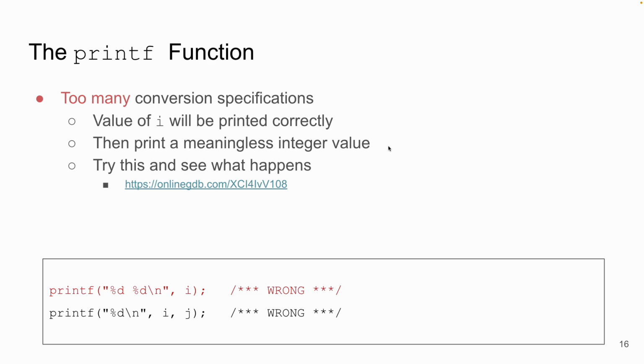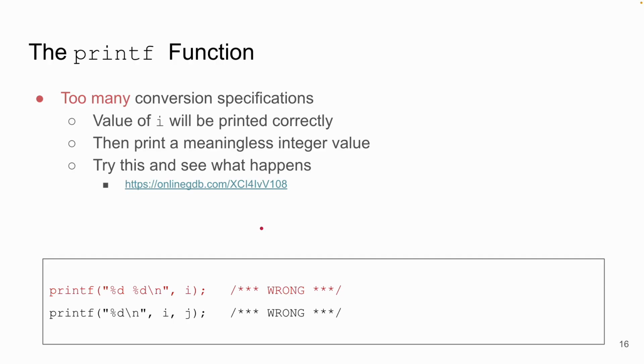So why is it wrong? For the first printf, the problem is that there are too many conversion specifications, right? We have two conversion specifications, 1 %d, 2 %d. However, I only have one integer variable after the format string, that is i.